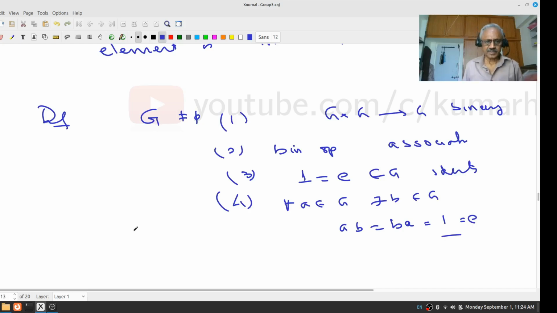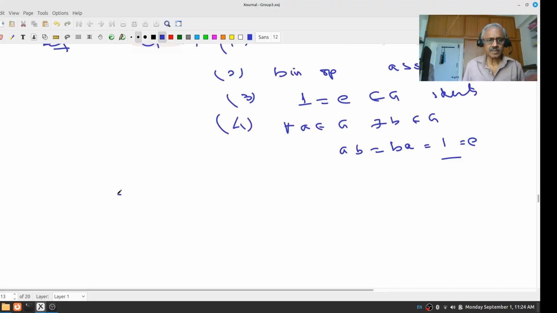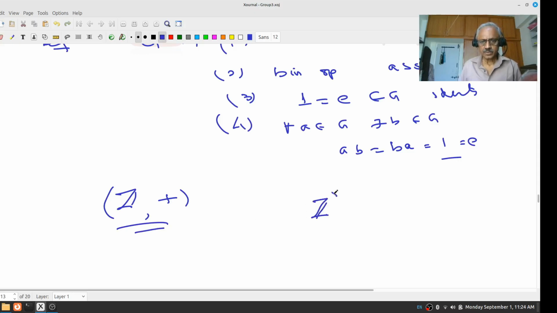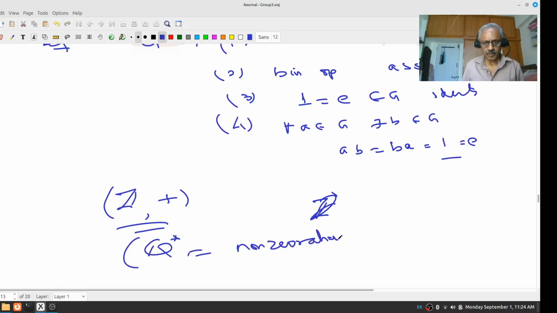Now, the first example one should always think about is integers under addition. Also I can think of the non-zero rational numbers under multiplication.